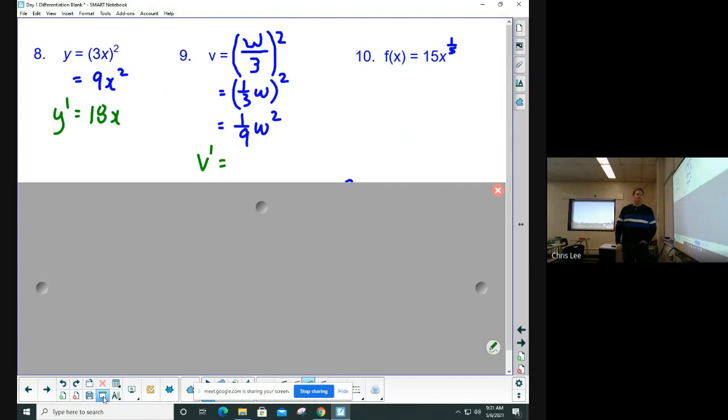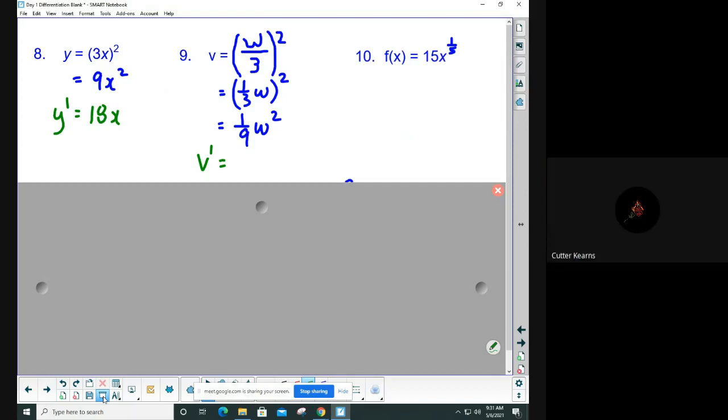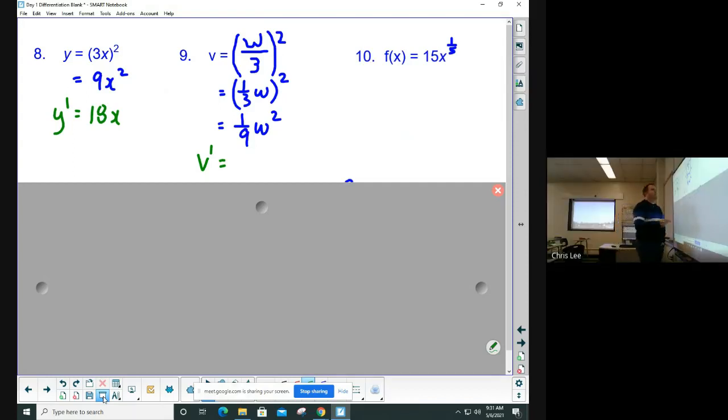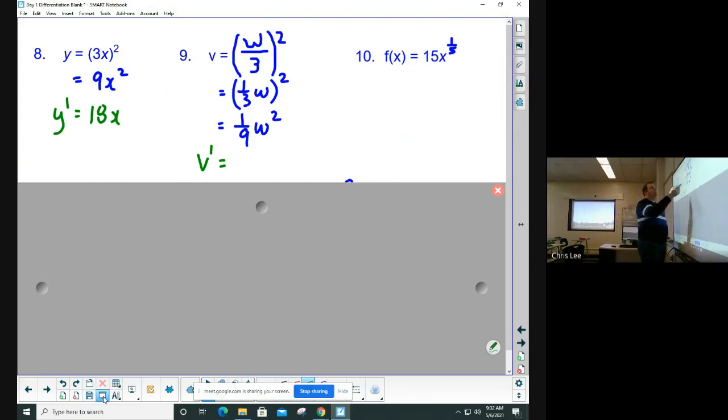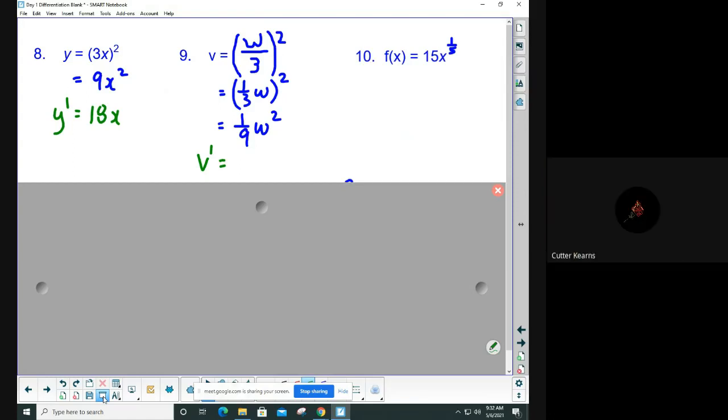Cutter, you want to try this one? Sure. Yep. So again, you would have to simplify it. Sorry, this is 10, right? Or is it 9? I'm on 9. Okay. I haven't actually done the calculus yet. I'm differentiating now. Okay, so then you need to multiply over. So you put the 2 on top.